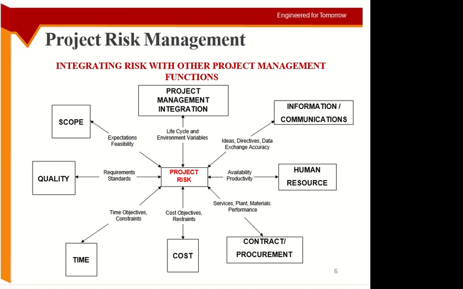This diagram shows different project management functions. For example, scope: you have to find out the expectation of the client, you have to do the feasibility study. In the feasibility study you will consider the risks as well, and the expectations already mentioned. Then life cycle and environmental variables: extremely high temperature, extremely rough weather events.